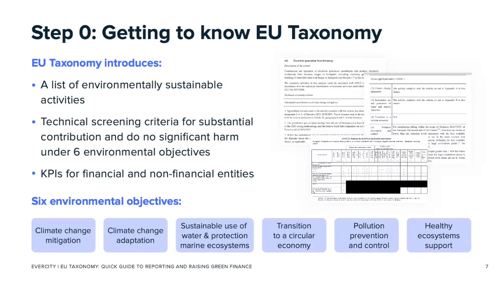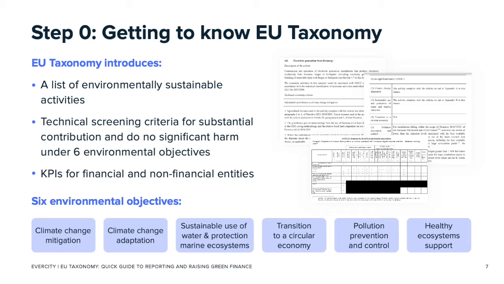Now, let's say we realize that your company is in scope of EU taxonomy, or probably it will be in scope, and you need to start somewhere. How do you actually start reporting on EU taxonomy? Let's just have a brief introduction to what taxonomy actually is and what it covers. Basically, it is a set of environmentally sustainable activities and technical screening for these activities.